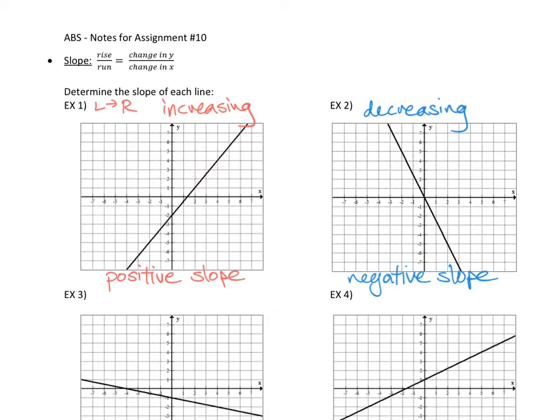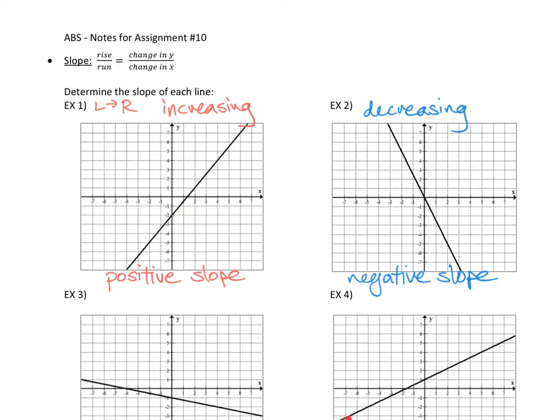Okay, cool. So we know positive slope, we know negative slope. Why don't we just classify them as positive and negative slopes instead of doing more with that? Well, I want you to look at example 3 really quickly. You can see that as I start on the left side of this line and move to the right, this is another decreasing line.